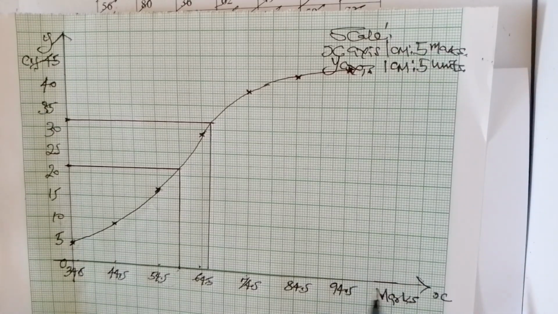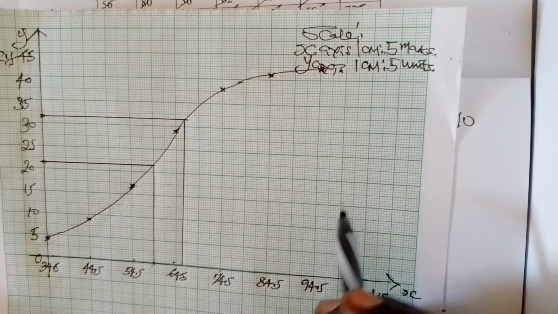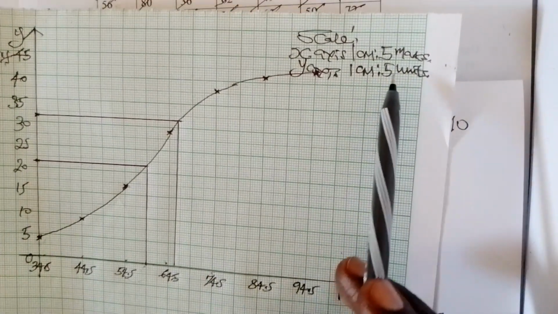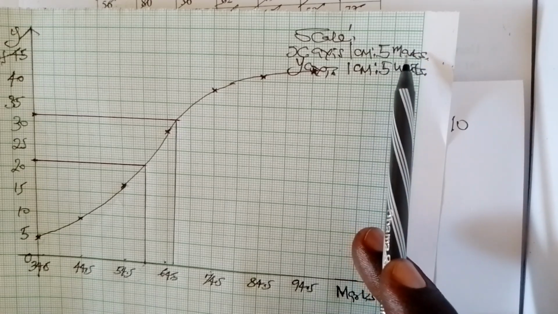So using our scale, we said 1 centimeter is going to represent 5 marks on the horizontal axis.